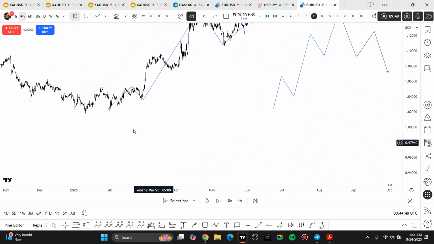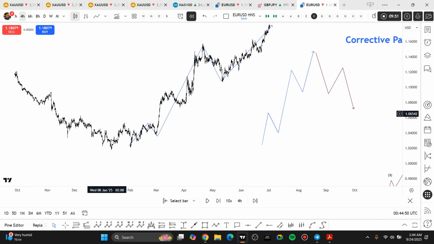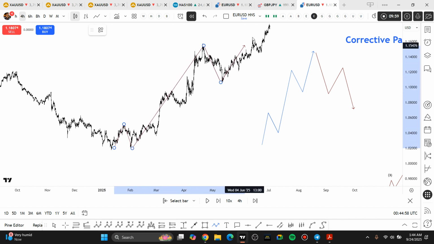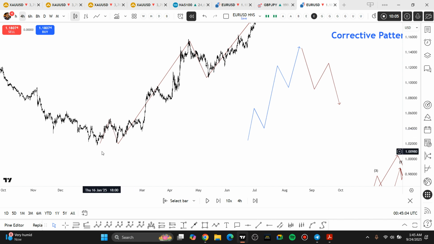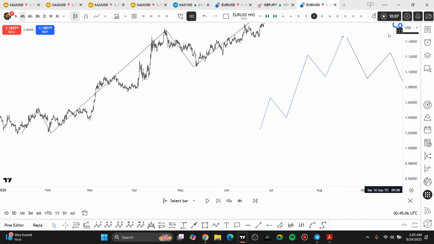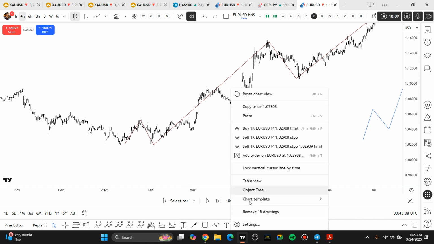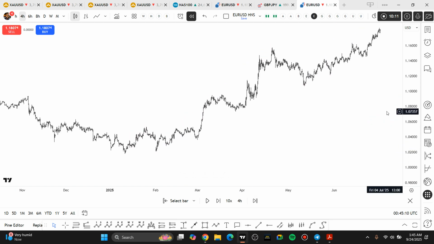So which is the reason why when we have this here, you can see, let me remove this. This is wave 1 here, right? 1, 2, 3, 4, 5. Now, upon completion of this wave one here, let me remove all these drawings so that you guys can see it clearly.